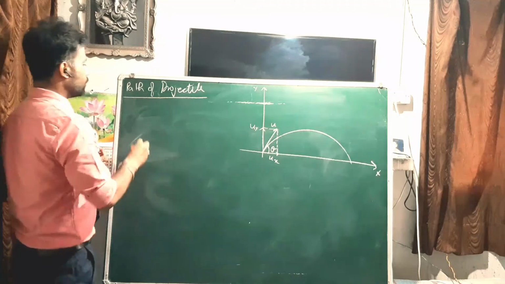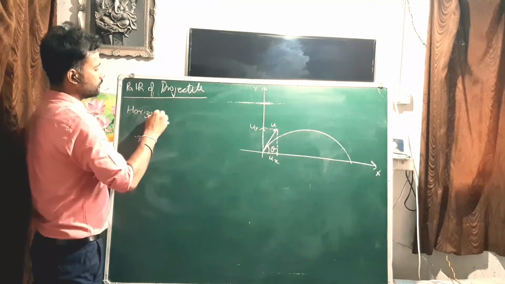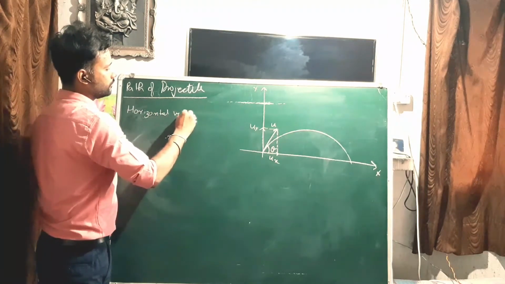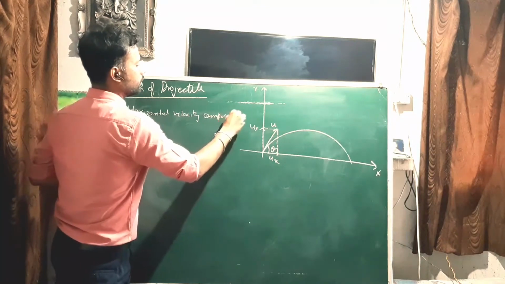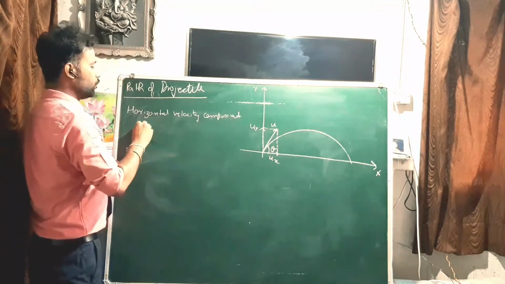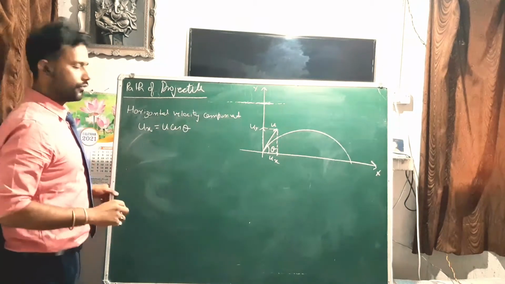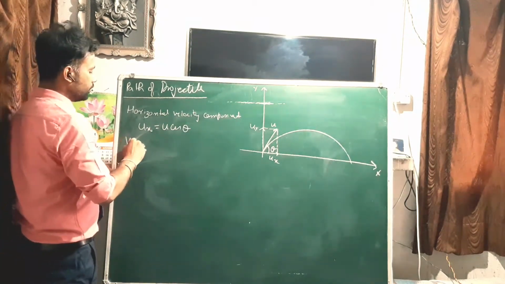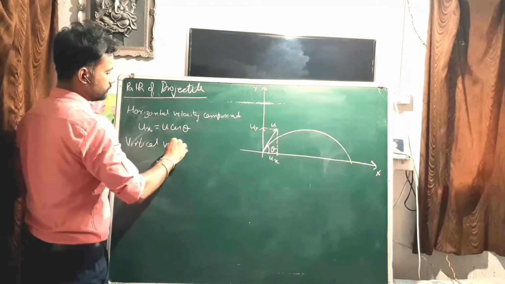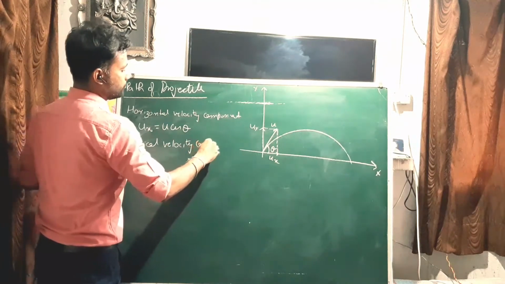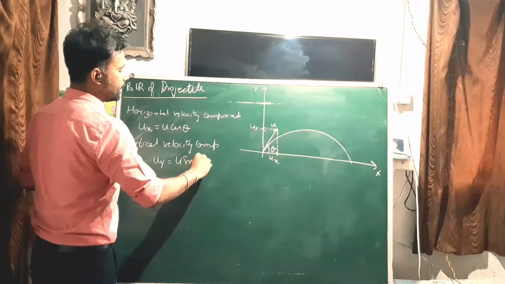The horizontal component ux will be u cos theta, and the vertical component uy will be u sin theta.